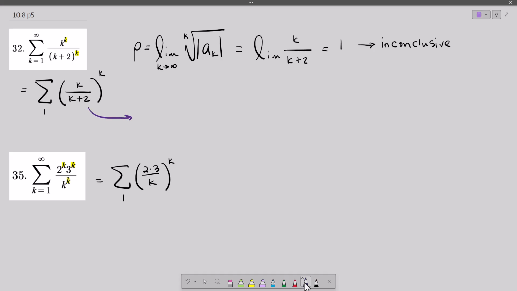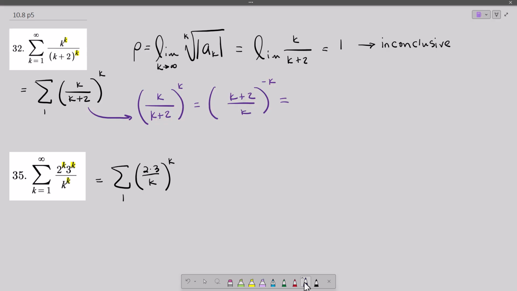I am going to first flip the base. But if I flip the base, what has to happen to the exponent? It becomes negative. Okay, fine.